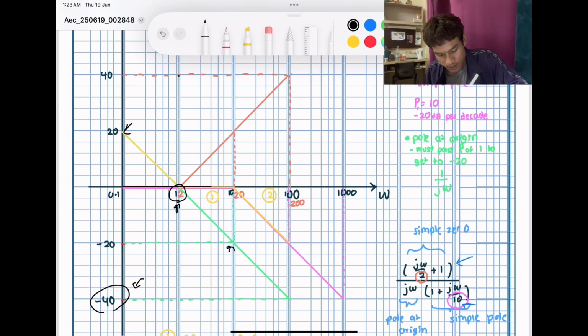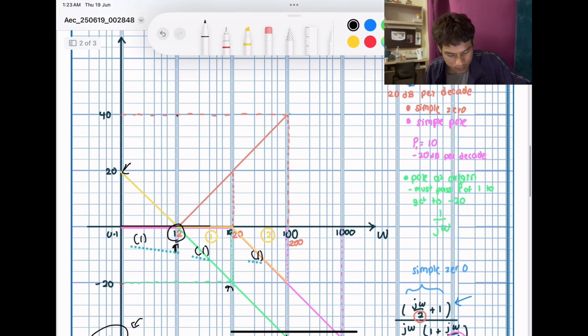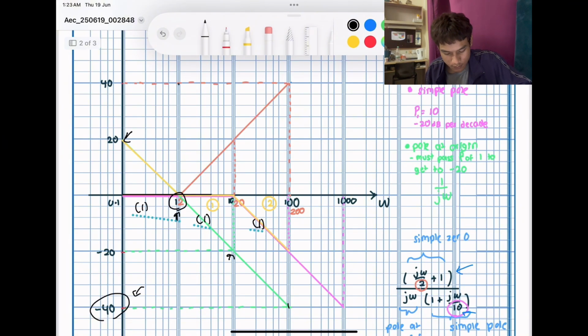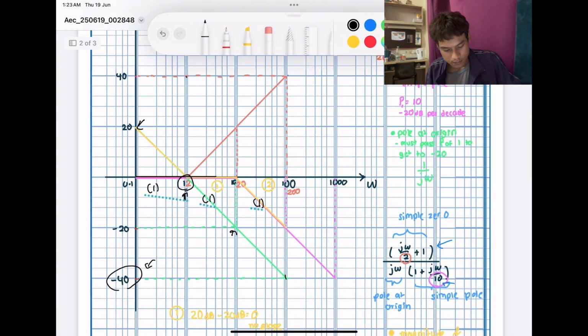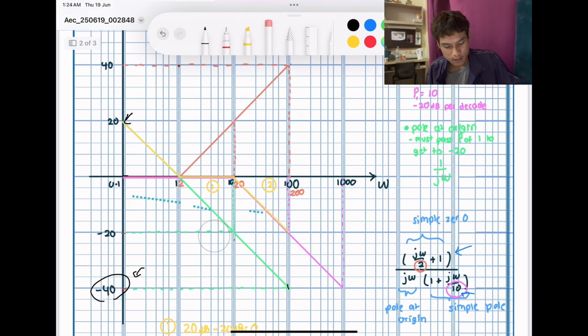Each one is by a decade. It will continue decreasing until 100. At the frequency of 10, it already reached negative 20, and at the frequency of 100, it already reached negative 40 decibels.